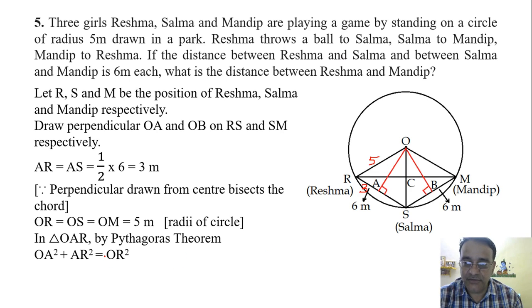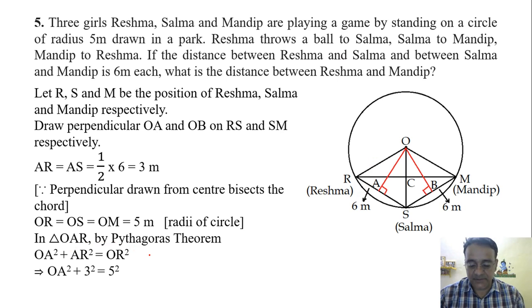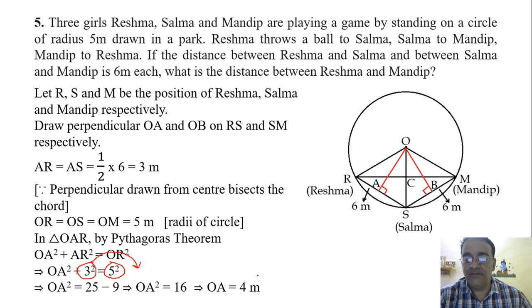Now we need to find OA square. So shift this here, so minus AR square. Otherwise you can substitute and shift. So we'll substitute. So this will become 9 and this will become 25. If you shift 9 to this side, 25 minus 9, what you will get? 16. Square root of 16? 4. So OA we will get 4. Clear? Yes, sir.